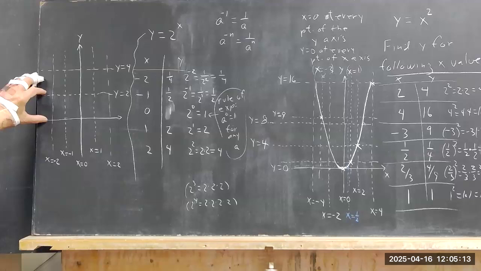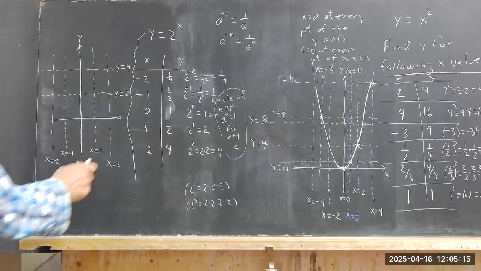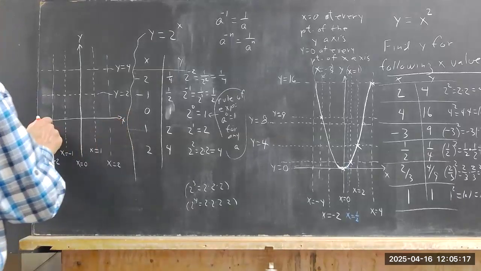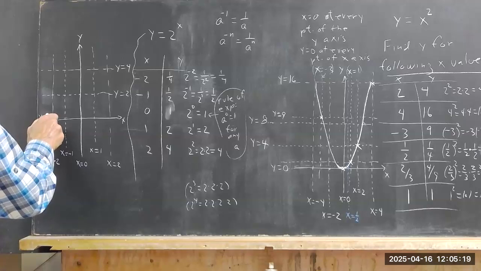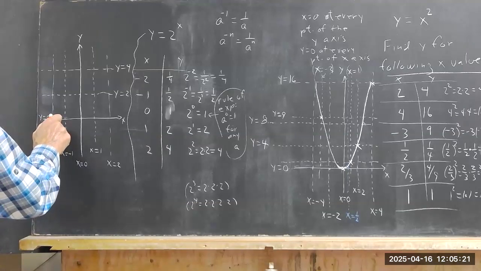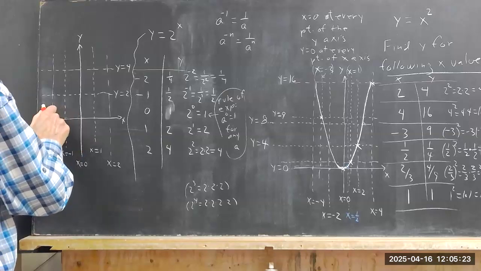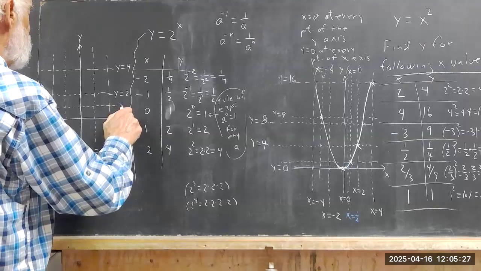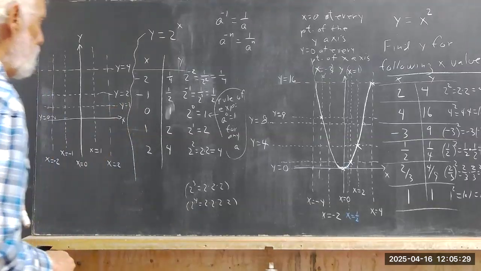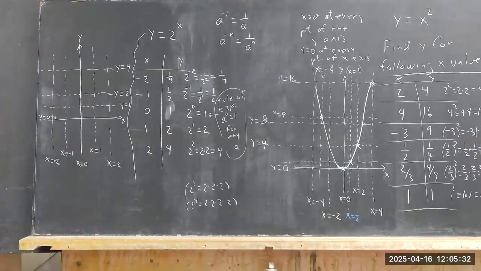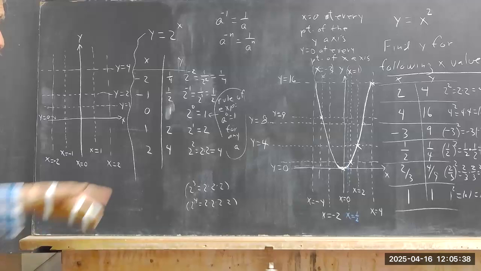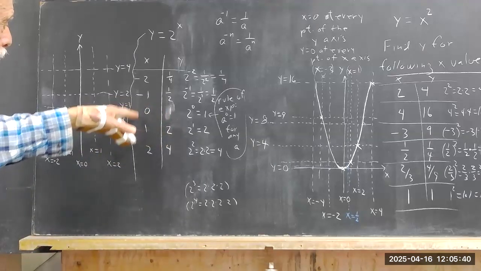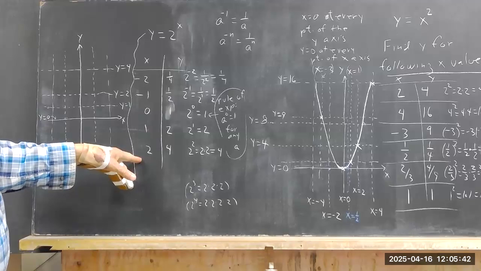And then I can go halfway between y equals 2 and y equals 0, which is the x-axis, which I should label y equals 0. Here's y equals 1. Okay. Now I've got all the lines I need in order to represent these 3 points.